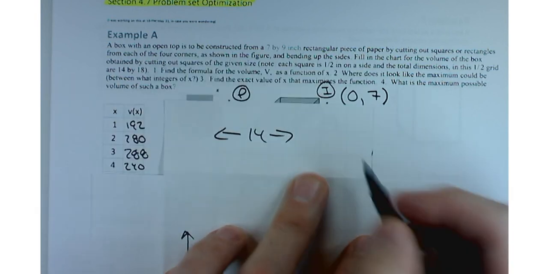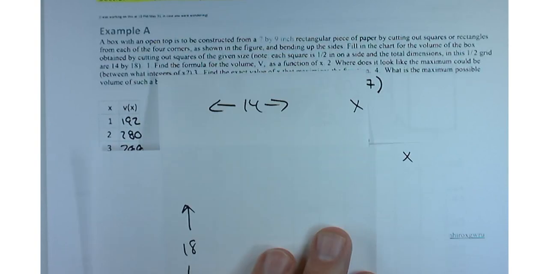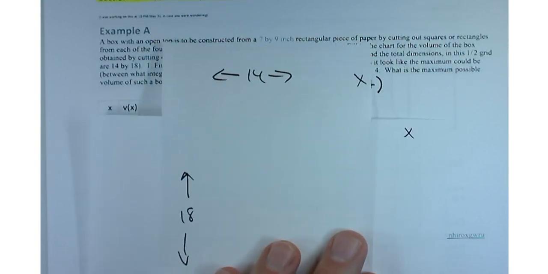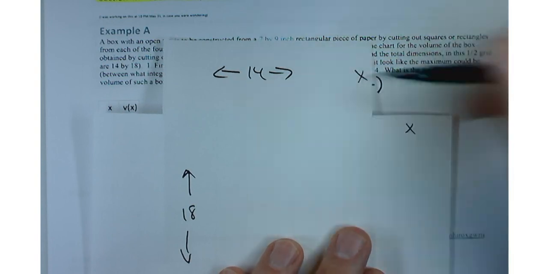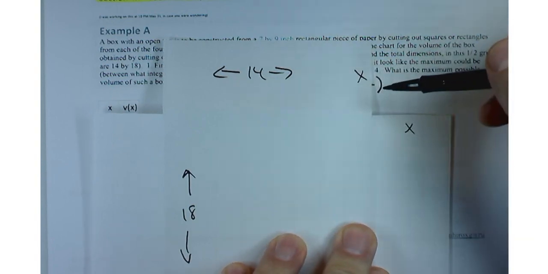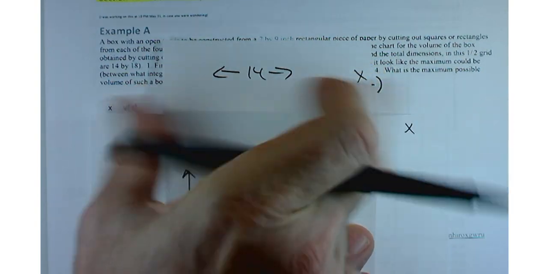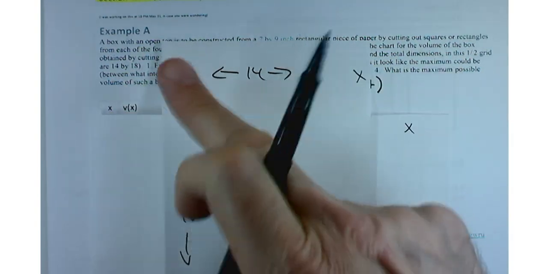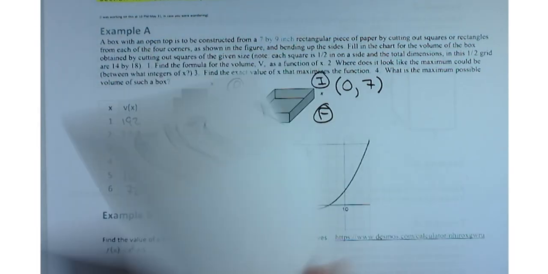And x is how much we're going to cut out of each of these corners. It's a little x by x thing here. I need to find the volume formula for a box like this. So when I start out with something that's 14 wide and 18 tall, and I cut out this x by x, let's see if I can figure out the volume.